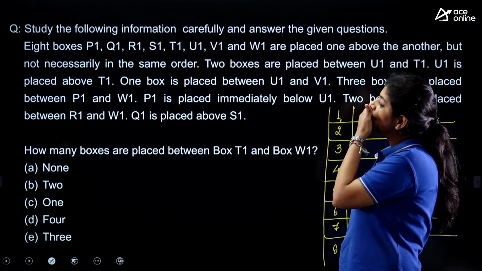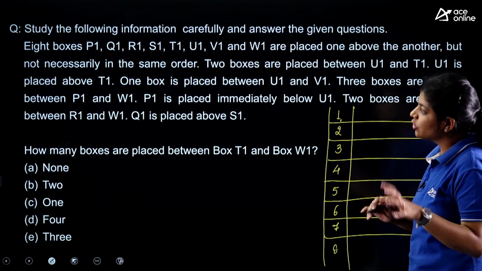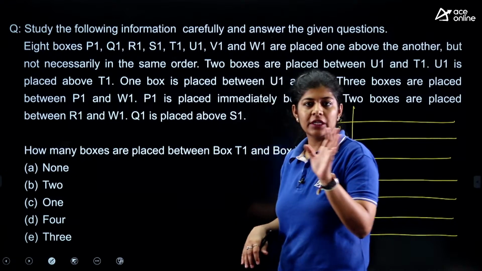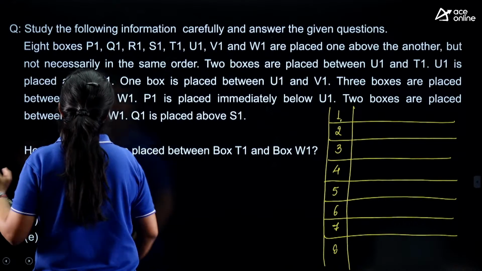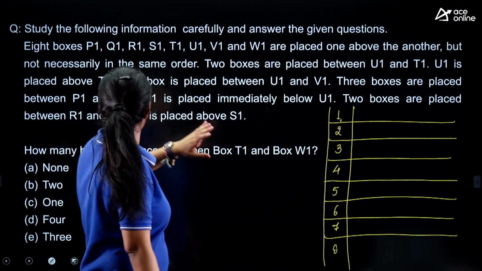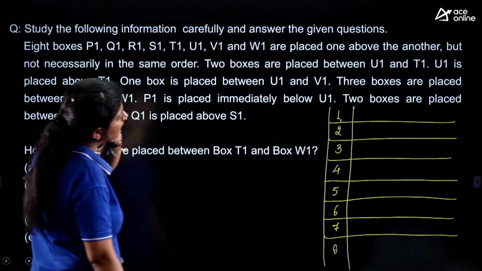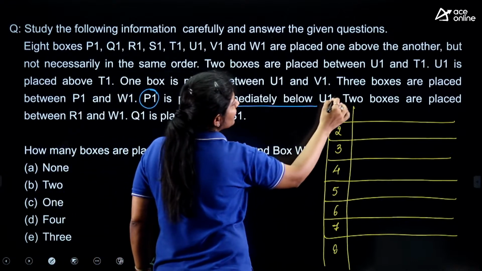The question is saying that 2 boxes are placed between U1 and T1. U1 is placed above T1. So I'm just assuming here we do have multiple cases, right? And we need to take care of this point as well. Here we are having one point, that P1 is placed immediately below U1.